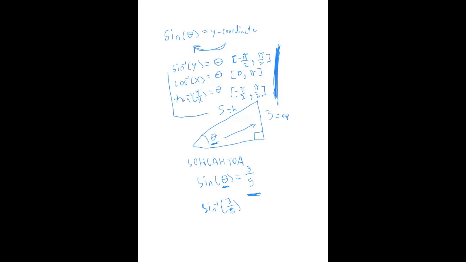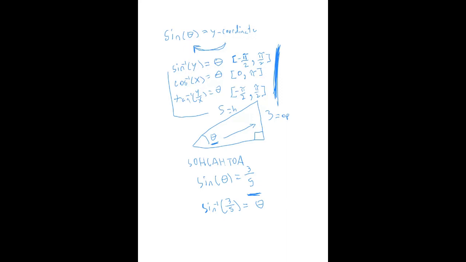So your calculator is absolutely going to tell you the answer here for what is sine inverse of 3 over 5 equals some angle.